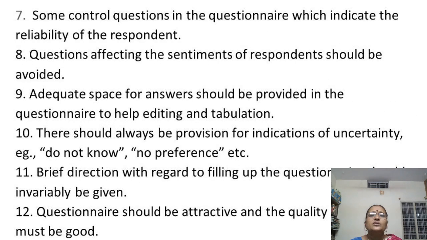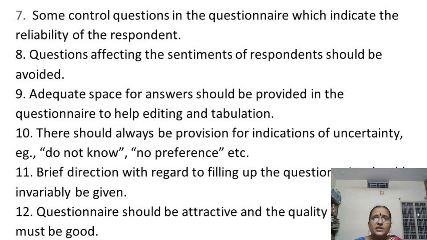So the next point is some control questions in the questionnaire which indicate the reliability of the respondent. Next one is questions affecting the sentiments of respondents should be avoided. Adequate space for answers should be provided in the questionnaire to help editing and tabulation.